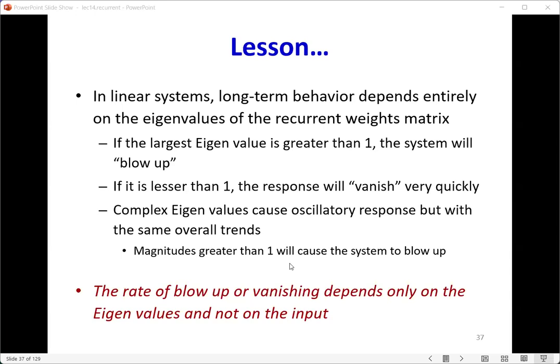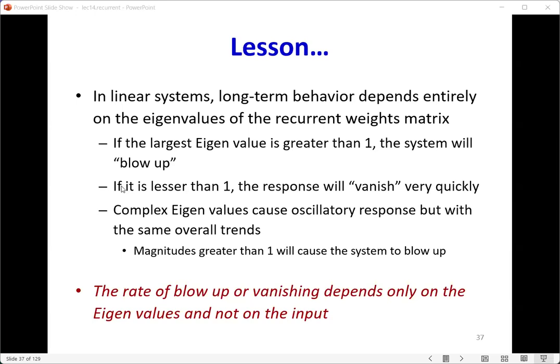Magnitudes greater than 1 will cause the system to blow up. Those less than 1 will cause it to disappear. And the rate of blow up or vanishing depends only on the eigenvalues and not on the input. Is this making sense? Yes or no? Okay.